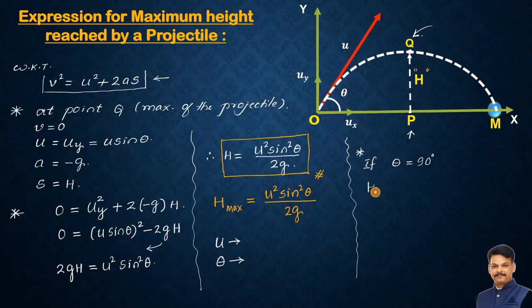Hence, the maximum height reached depends only upon the initial velocity. So we get the equation u square divided by 2g. Correct. Remember this.